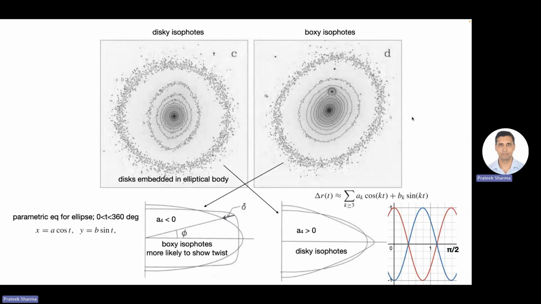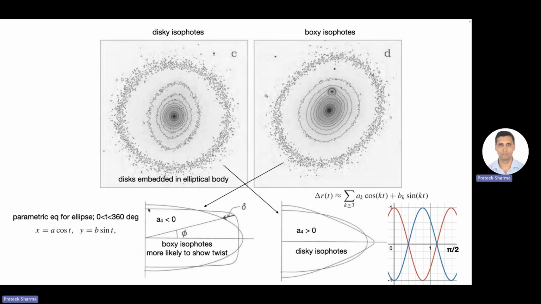Okay, how do we characterize these boxy and disky galaxies? Here is a disky galaxy, and here is a boxy galaxy. This is how you quantitatively model a boxy or disky galaxy.